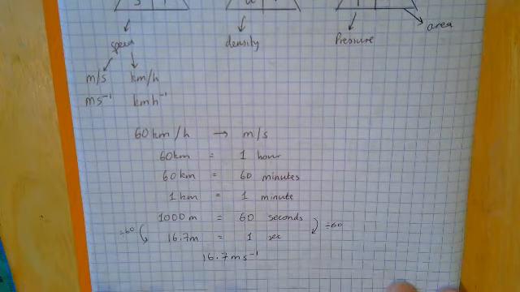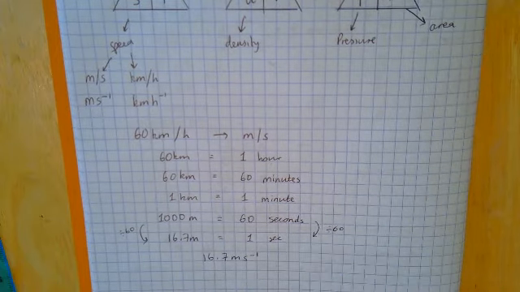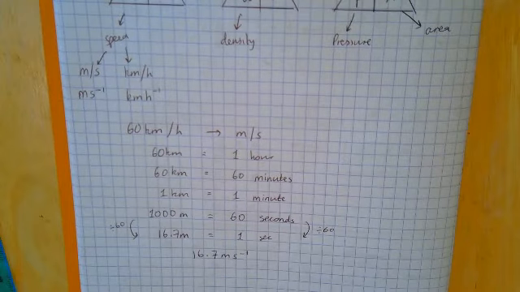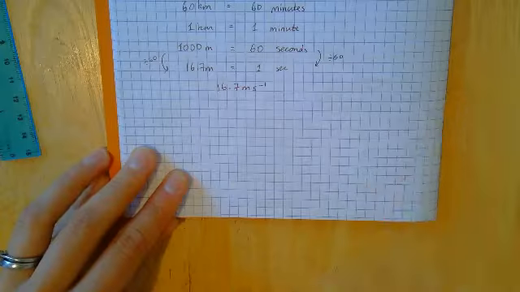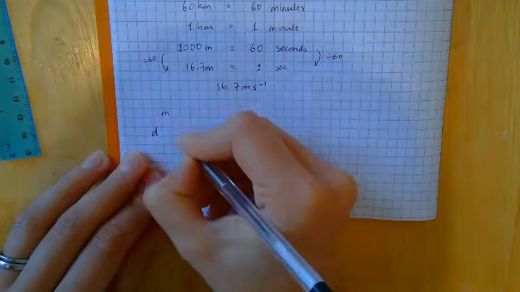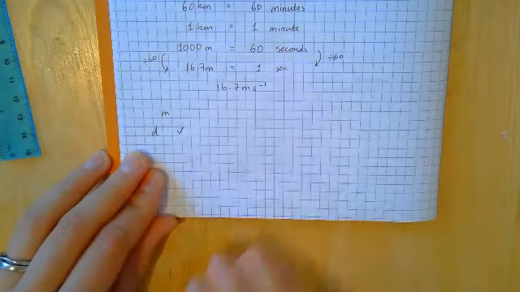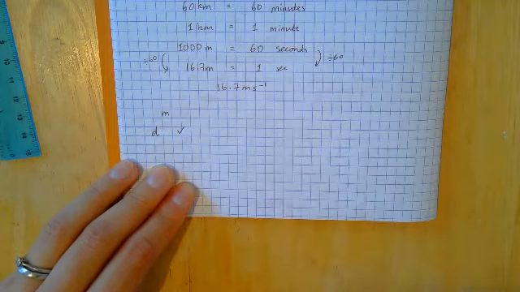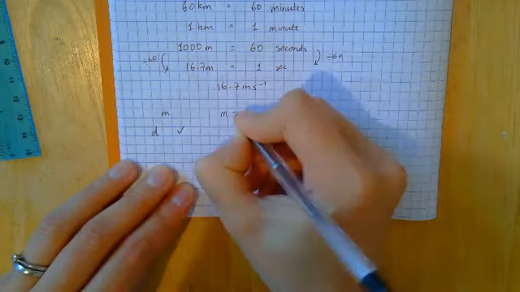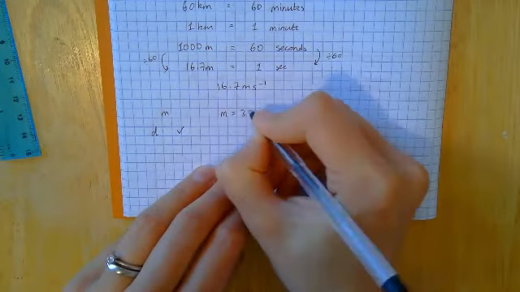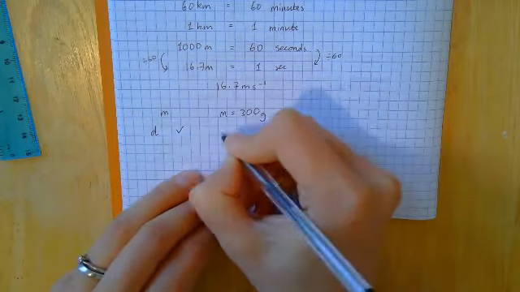Okay. So that's speed. Now let's look at the middle triangle, which is density. So our middle triangle is density, mass, and volume, like that. So let's try and find the density of, let's say we've got a gold bar.